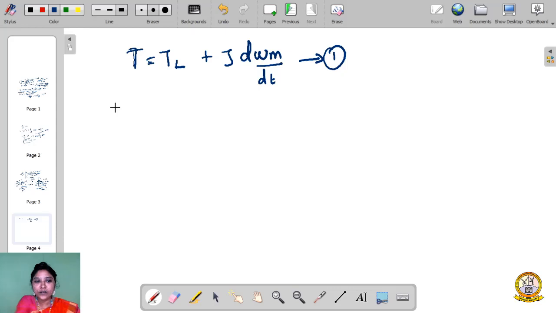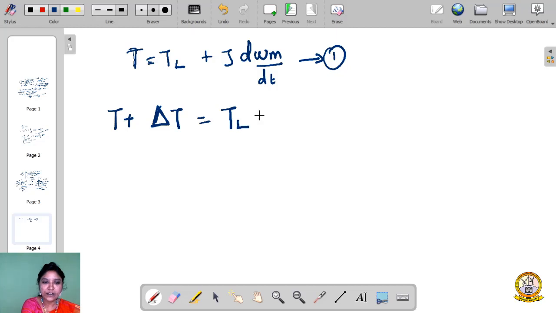We take torque T plus some change delta T. Similarly, TL plus some change, delta TL.